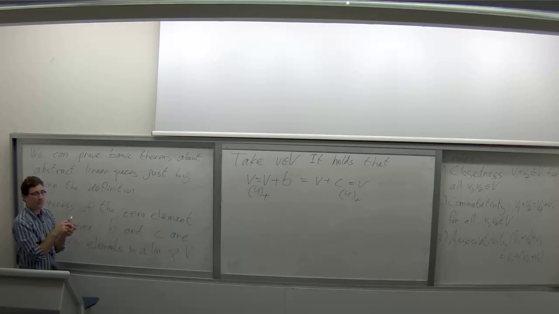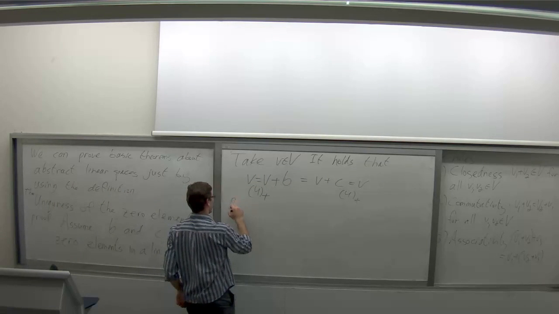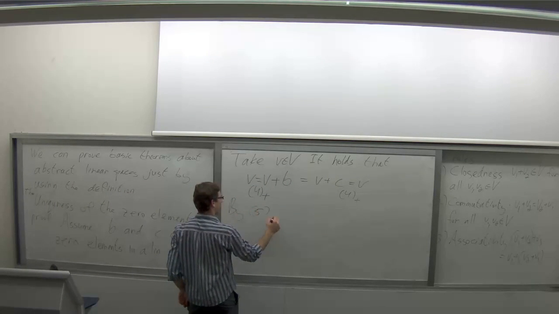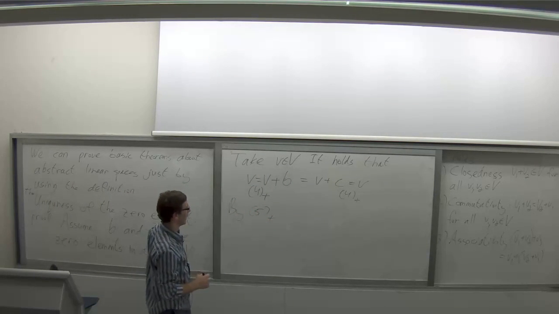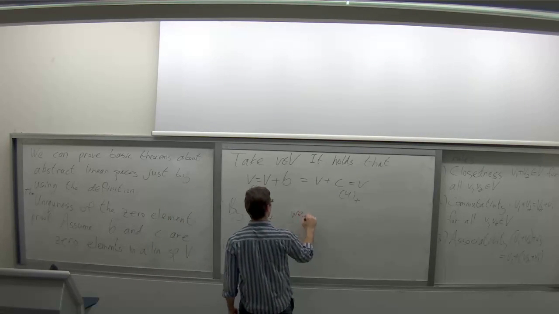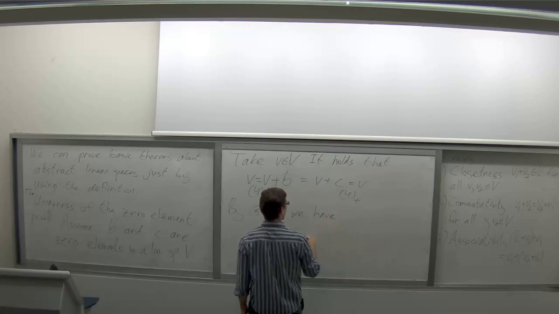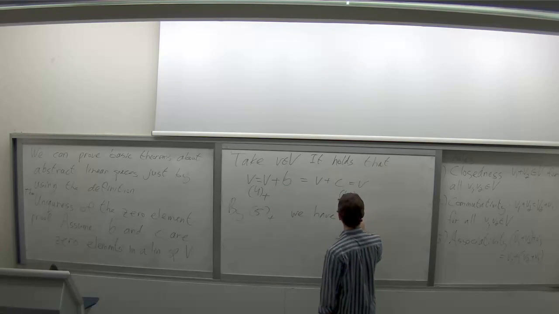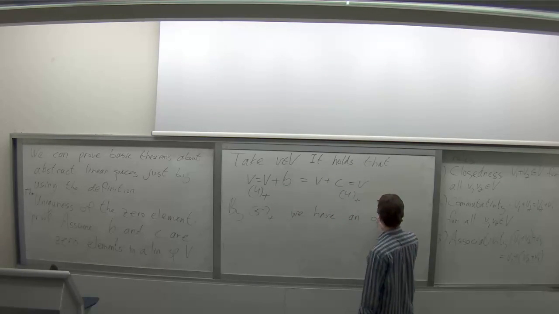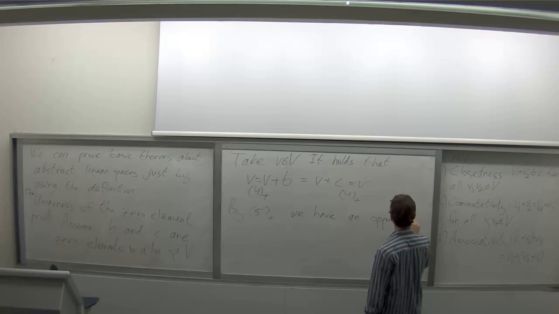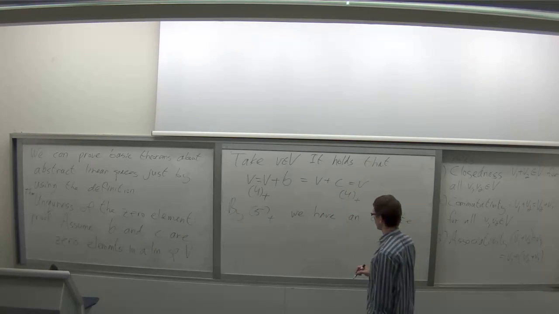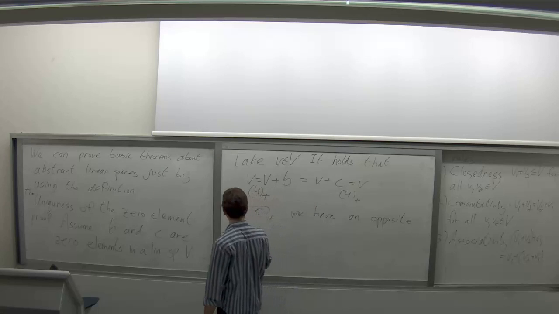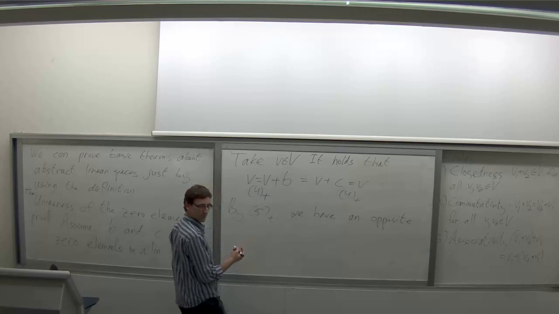Now we want to impose. Okay, so by rule number 5 of the plus, we have an opposite. You proved it? We have an opposite. Don't have to prove it. It's the definition.